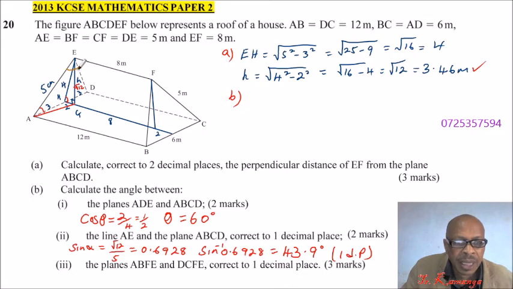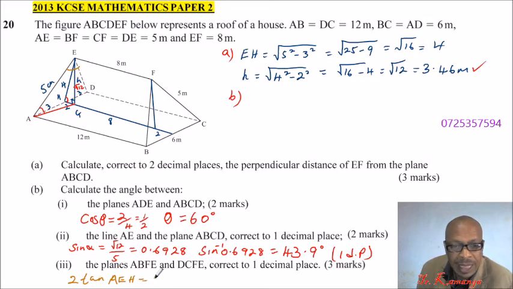Since we can calculate half of this angle and multiply by 2, we can call it AEH.